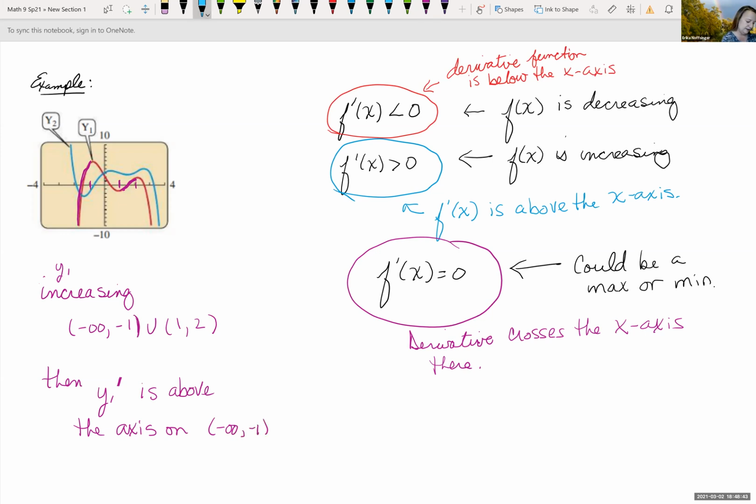Looking at the other graph, this is above the x-axis, but it crosses the x-axis when x is 2. So it's not all above the x-axis there. So this y sub 2 is not above the x-axis on that entire interval.